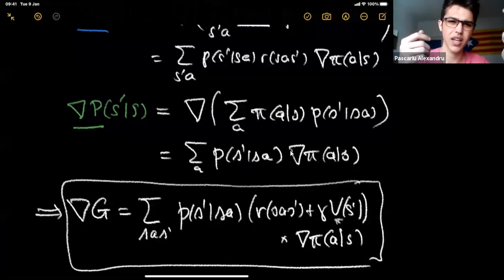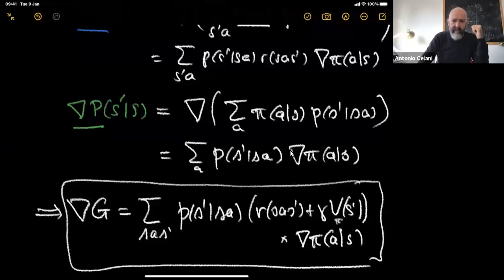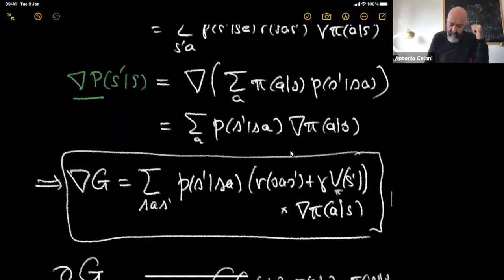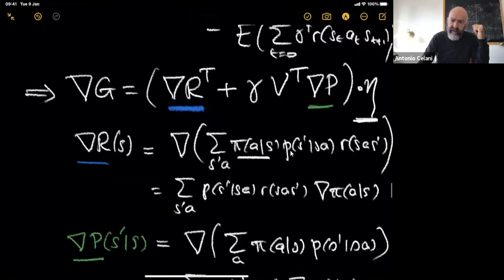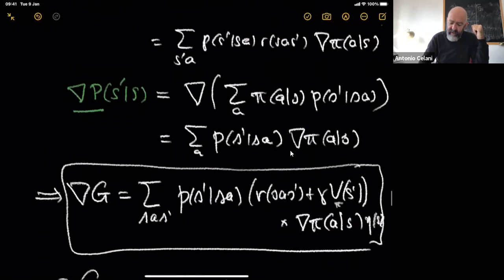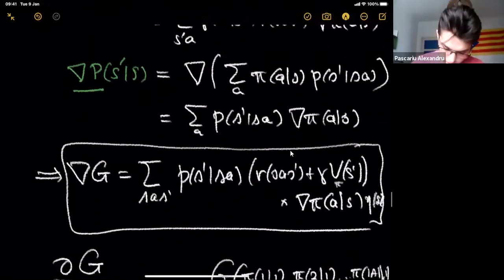I don't know why we added that S. We added this because here I'm missing a piece, which is eta of S, which was always around since the beginning. This is the index of eta, which is missing here. So you're right, that was something missing here. Ah, okay, over S. Thank you. Sure.